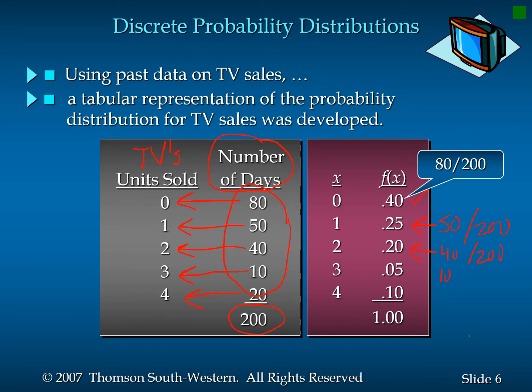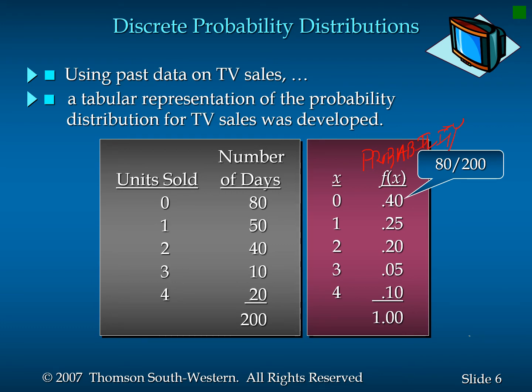They took 10 divided by 200 and got 0.05, and then they took 20 divided by 200 and got 0.10. So basically they took each of these numbers and divided by 200, and what they came up with was this probability distribution. And I'm going to write probability over this column.